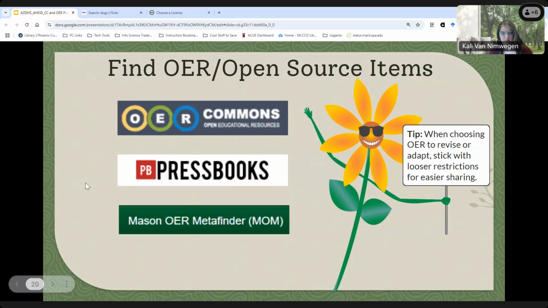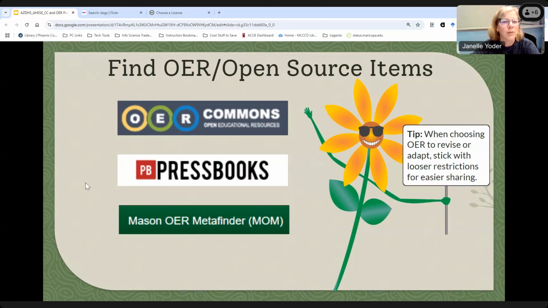Okay, so if you are looking for some OER to add into your lesson as you're creating it, you can find things that are out there. I had some samples, but I'm not on my account. But I'll just mention that you can go to OER Commons, and these are all linked when this slide presentation is added to the website, and I think it's already on there.